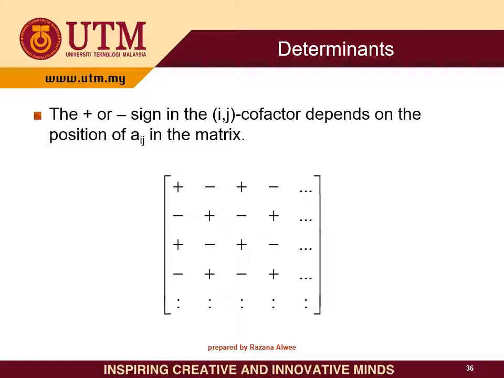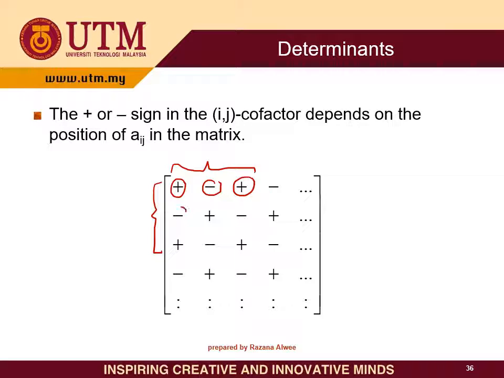This is the plus minus signs that I mentioned before. It is alternating between each other. Let's say you have a 3 by 3 matrix, this one. The first row in the first column should be positive, followed by negative and positive.